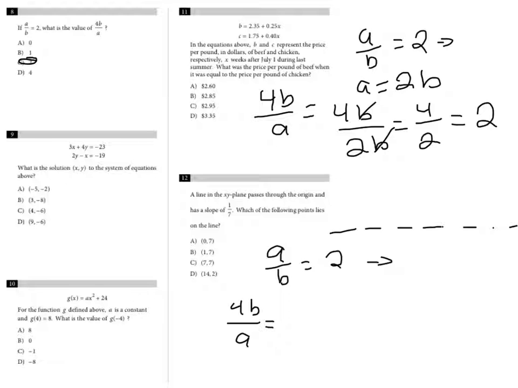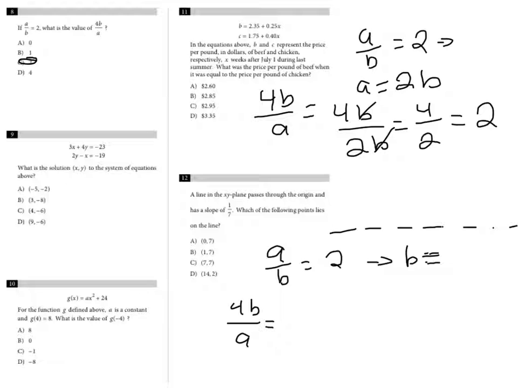This can work as well if I did, instead of solving for A here, what if I just solve for B? So in this case, if I was to work it out, I can say that B equals 2A. Actually, A over 2, I apologize. B would be A over 2.